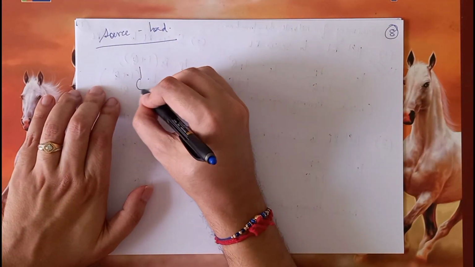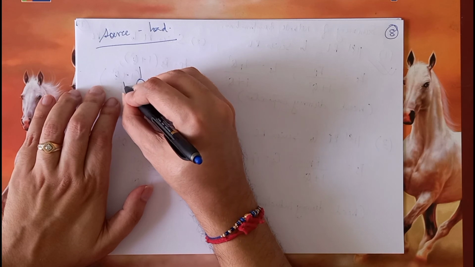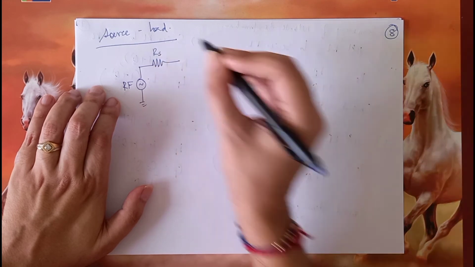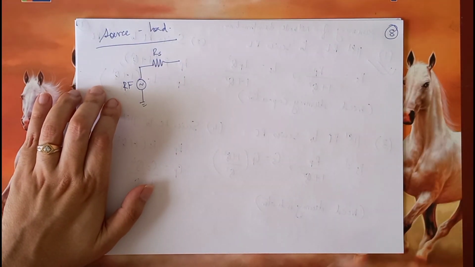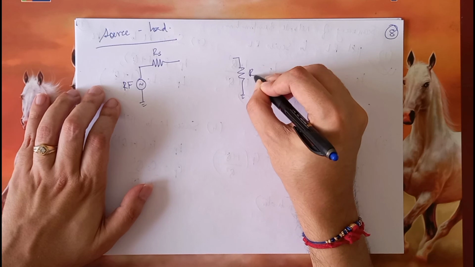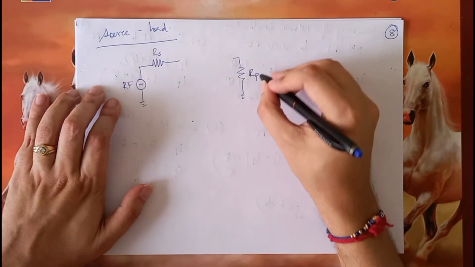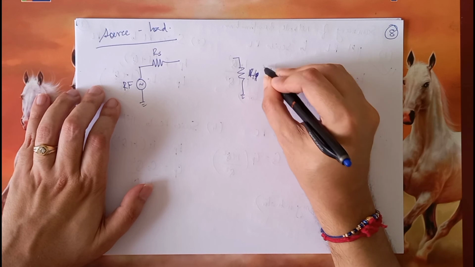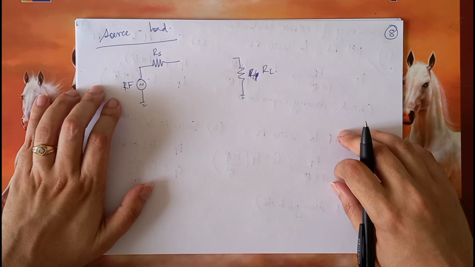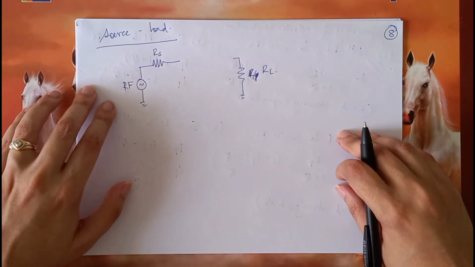Suppose we have a source, which is an RF source that has an internal impedance RS, and that is to be connected to a load impedance which is also real. Let's call it RL. So now, one way to ensure maximum power transfer between the source and the load would be to have them the same.